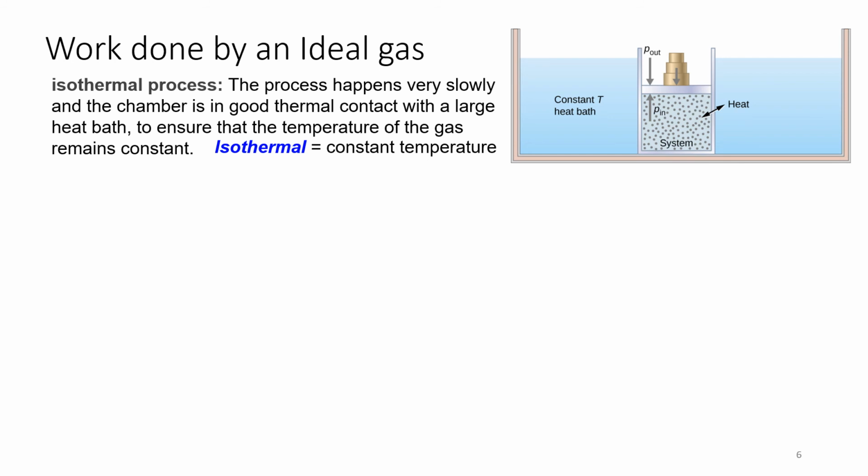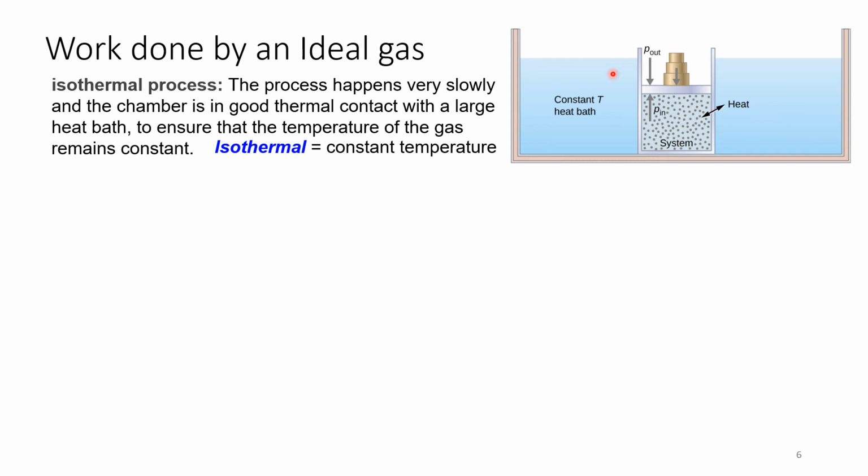There are 2 other important processes on our PV diagram. One is called the isothermal process, where the temperature of the gas remains constant. As shown in this figure, if the piston moves very slowly and the whole chamber is in good thermal contact with a large heat bath, then the temperature of the gas system does not change during this process.